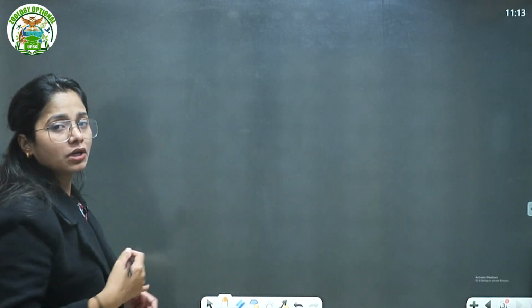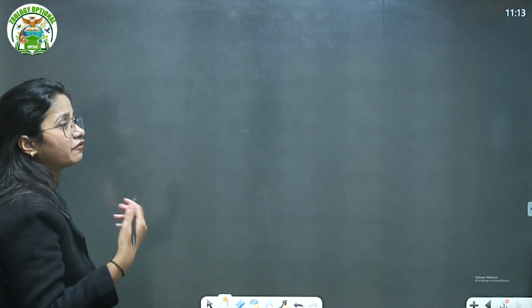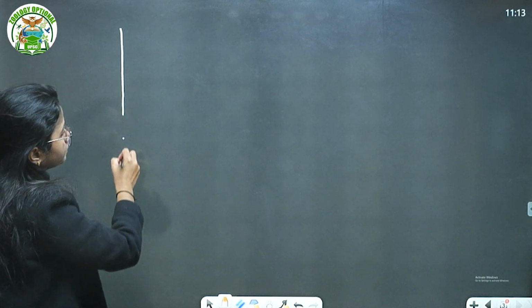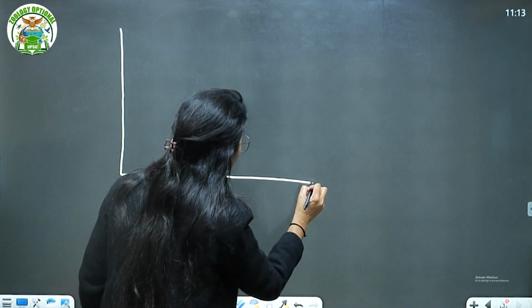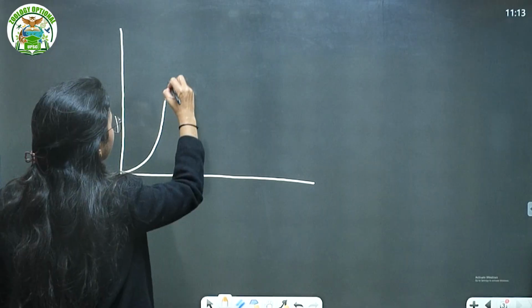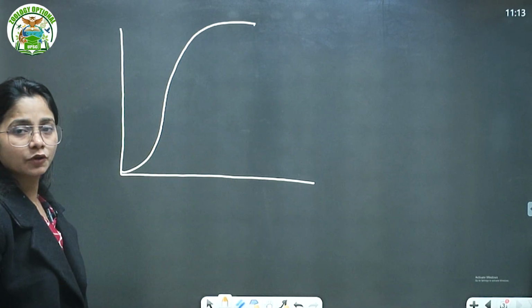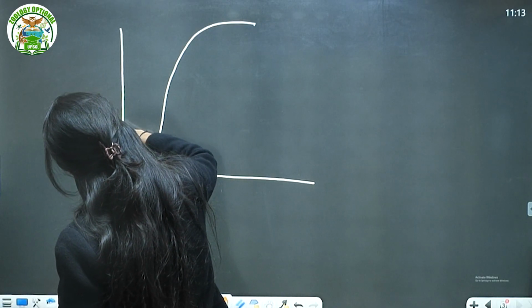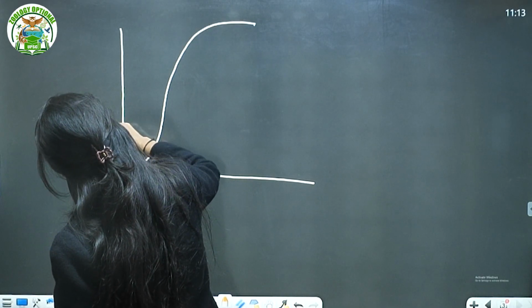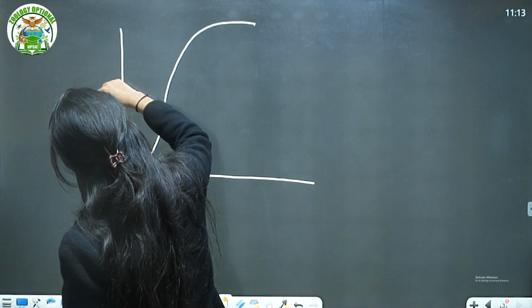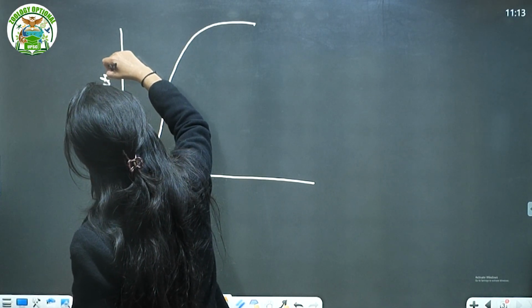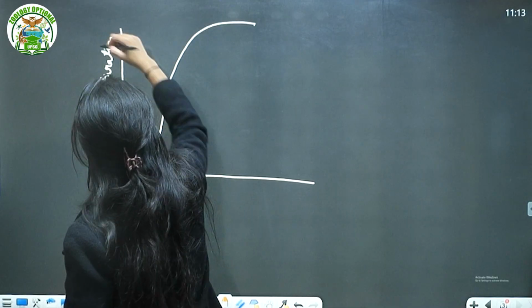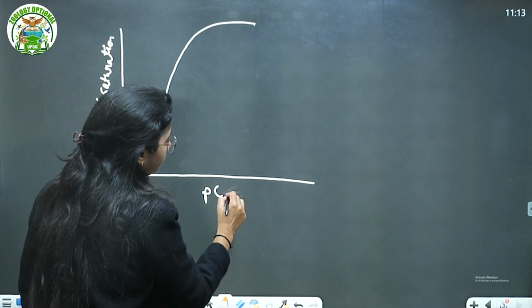When we talk about the molecular binding of the oxygen, of course this binding will depend on so many other factors. This binding with the hemoglobin molecule will form a sigmoidal shape of curve. Here is the percentage of hemoglobin molecule saturation, and here is the pressure of oxygen.